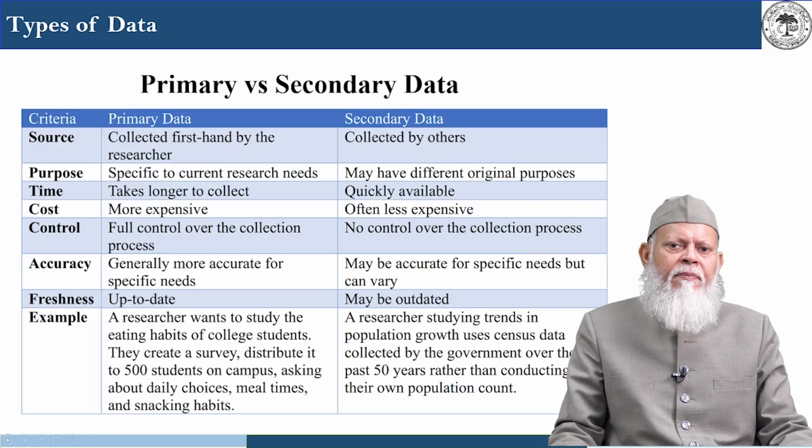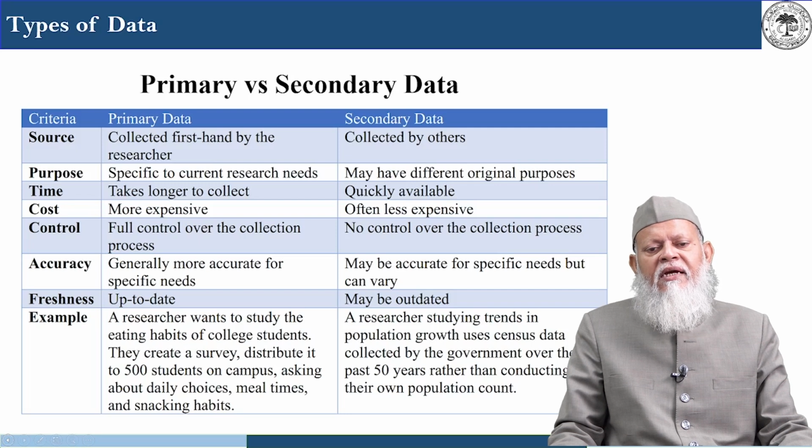As far as purpose is concerned, primary data is specific to current research requirements or needs, whereas secondary data may have different original purposes. Cost: the primary data is very expensive, whereas secondary data is often less expensive.